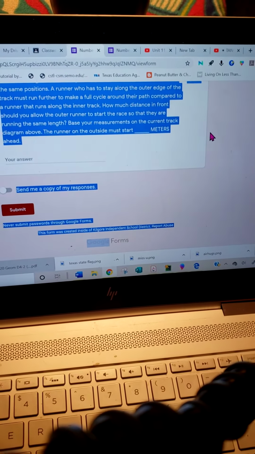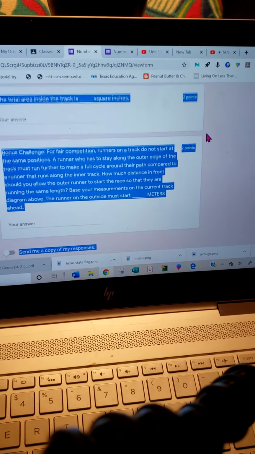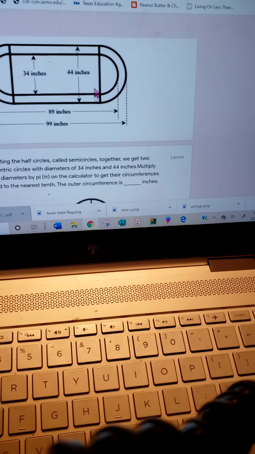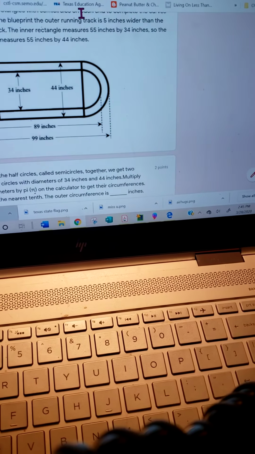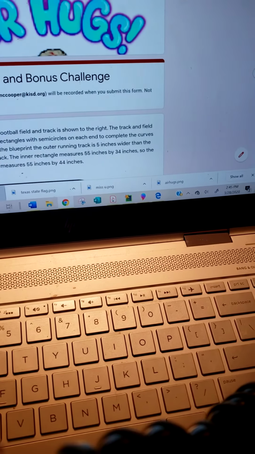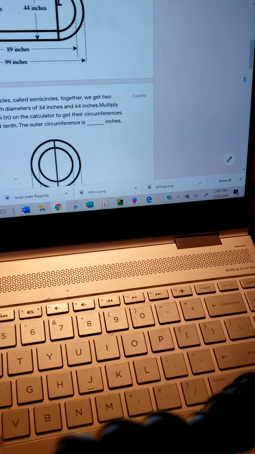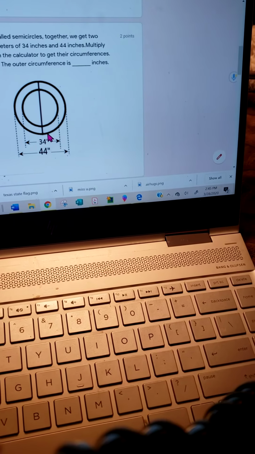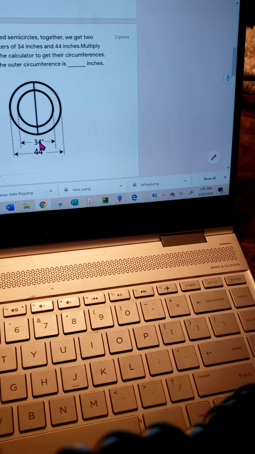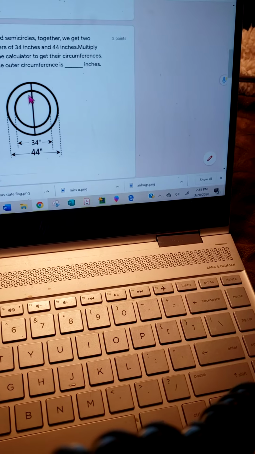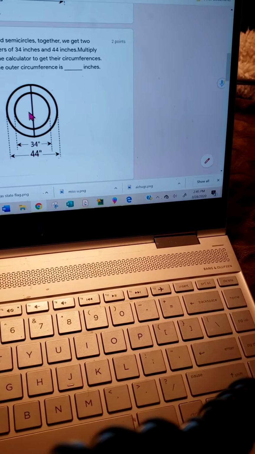Lord have mercy. Computer, you're getting on my nerves. Go back to your circles up here. You're going to do pi r squared. I'm having issues. Pi r squared for the 34 inches, because you want just this area on the inside here.